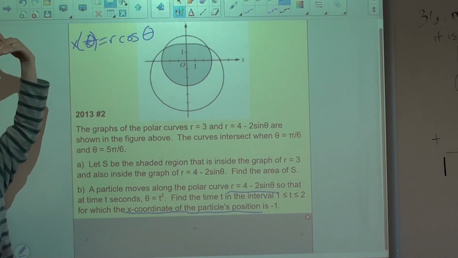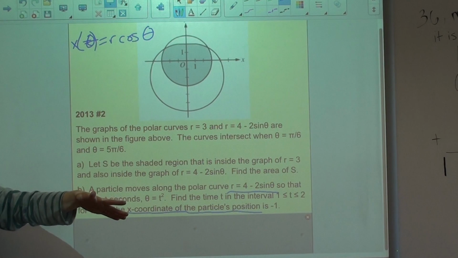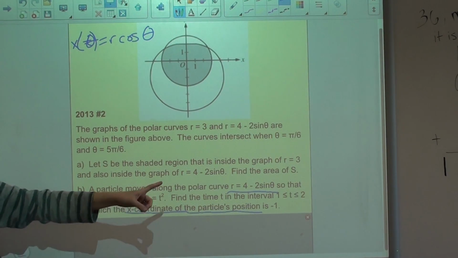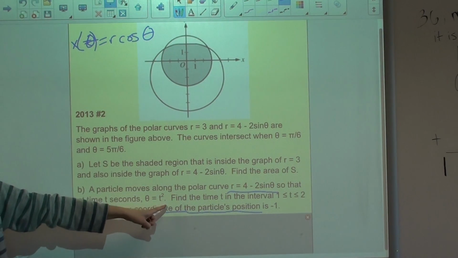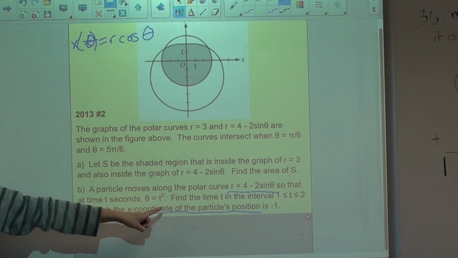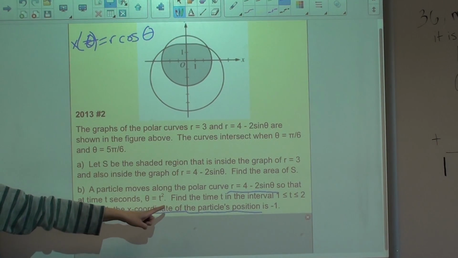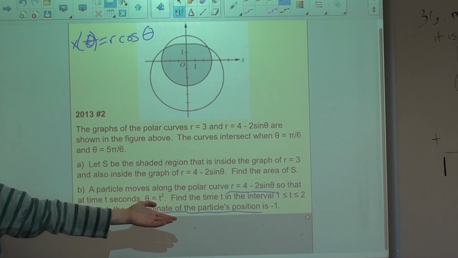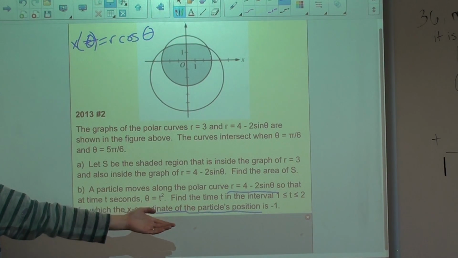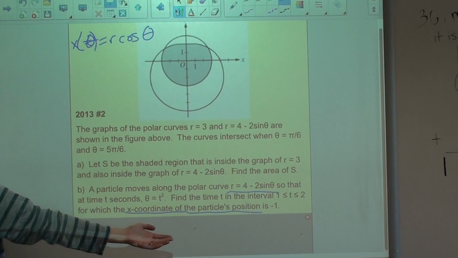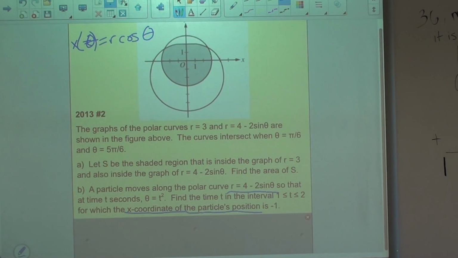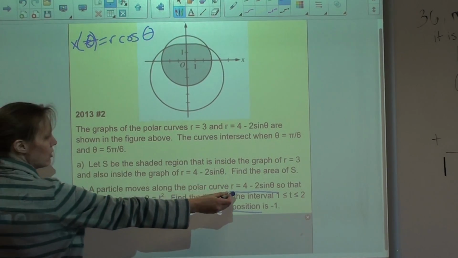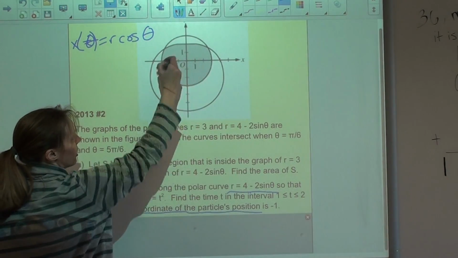They're trying to change it to a parametric by telling you, hey, let theta be t squared. So now you change all your thetas to t squareds, and now you have an x of t function. Do you understand what they've done? You start with a general polar equation, the cardioid.